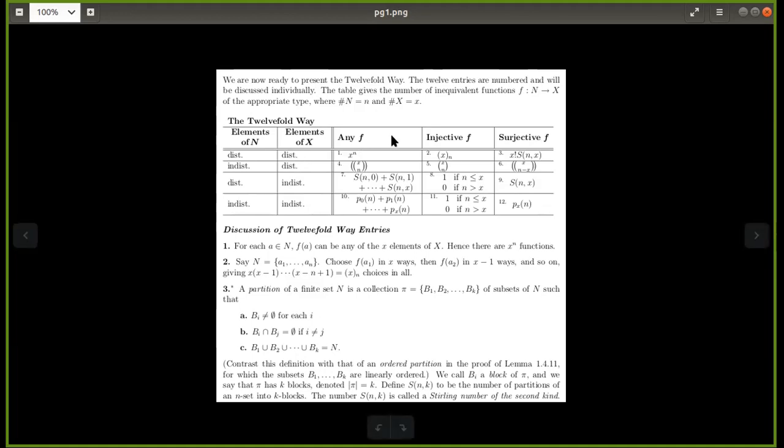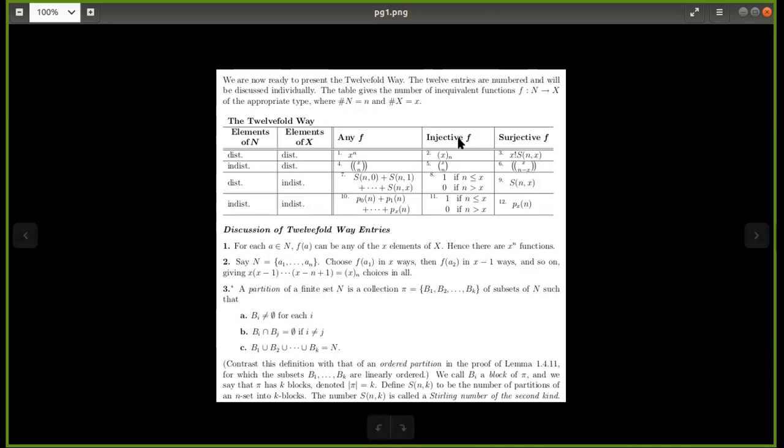And then the other type of restriction was on the type of f, which is you take any f, or you take injective f, or you take surjective f. This is what we talked about in the beginning. Correct?